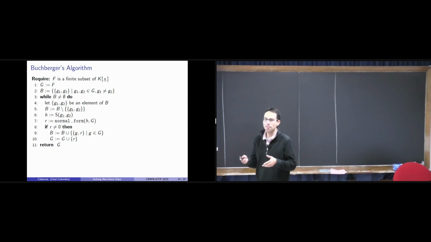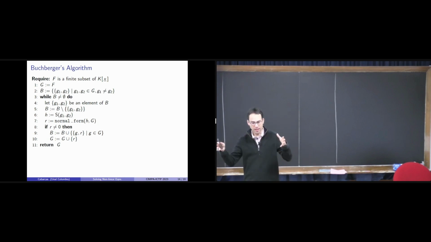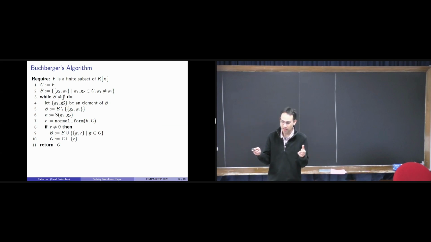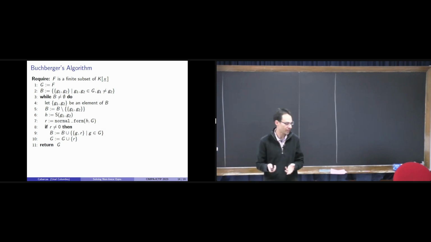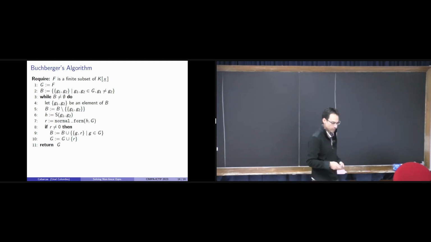Eventually, this is going to stabilize, and when it stabilizes, it's going to go through all remaining pairs until it runs out of pairs. So this algorithm computes a Groebner basis.